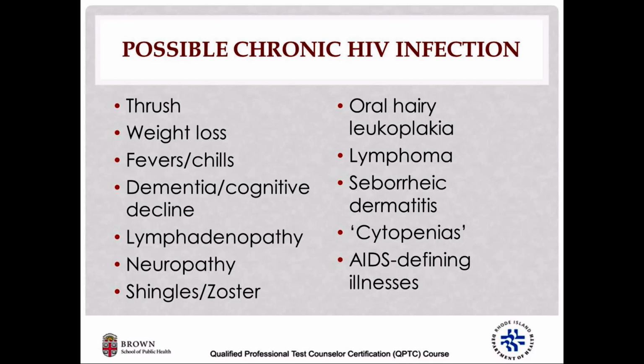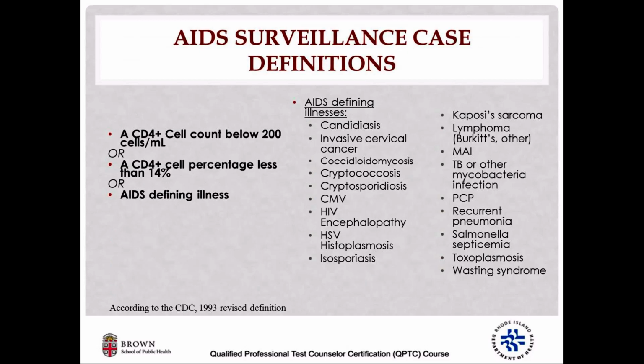People may have dementia or cognitive decline, not being as sharp as they used to be. Unexplained lymphadenopathy, so nodes, lumps, or bumps around the neck or throat region. Neuropathy, shingles or zoster, which is a reactivation of chickenpox. People may also have certain cancers and other AIDS-defining illnesses.